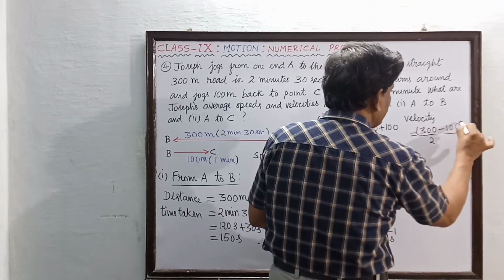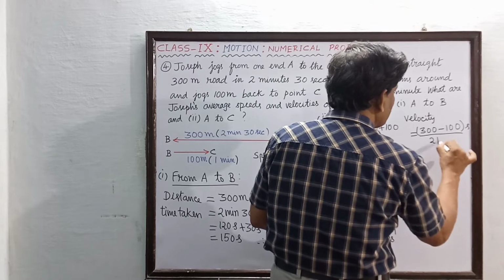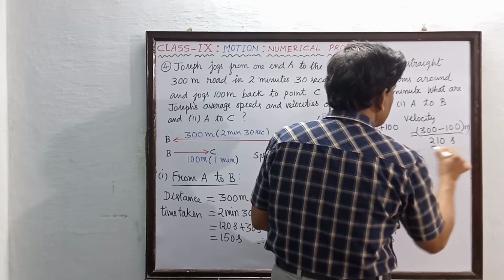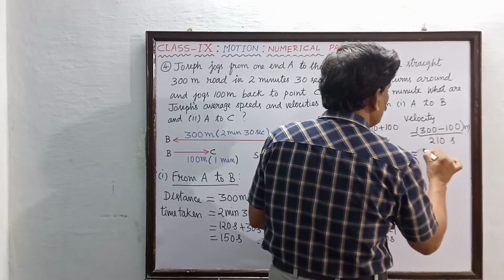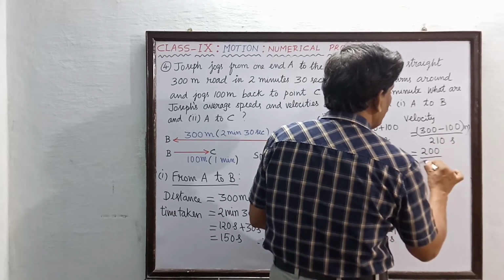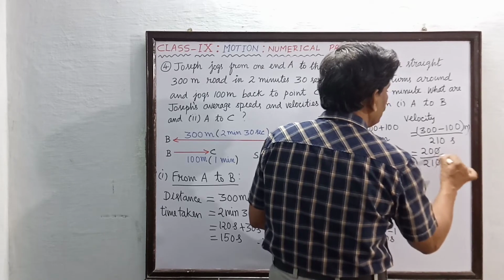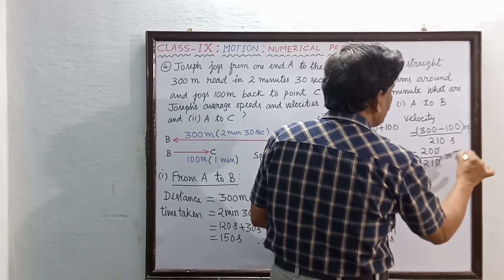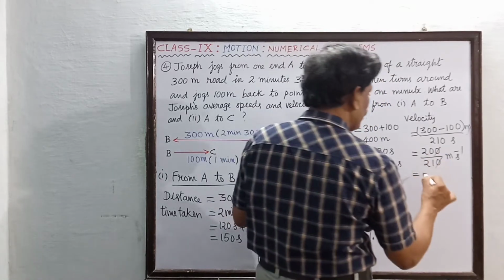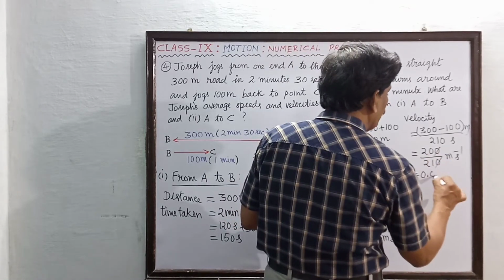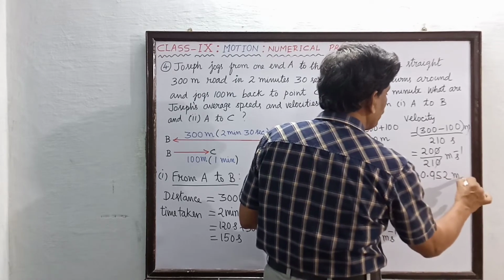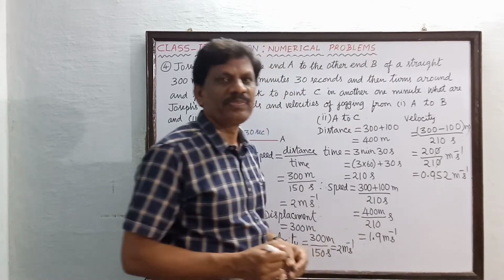So 300 minus 100 is 200 divided by 210, in meter per second. So this is 20 by 21, less than 1, nearly equal to 0.952 meters per second.